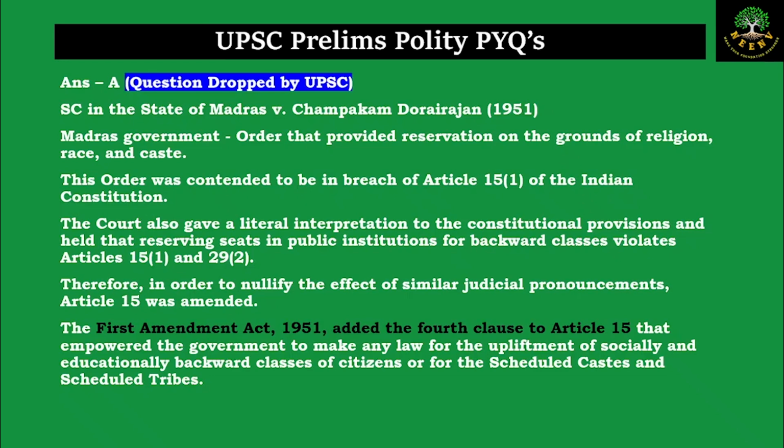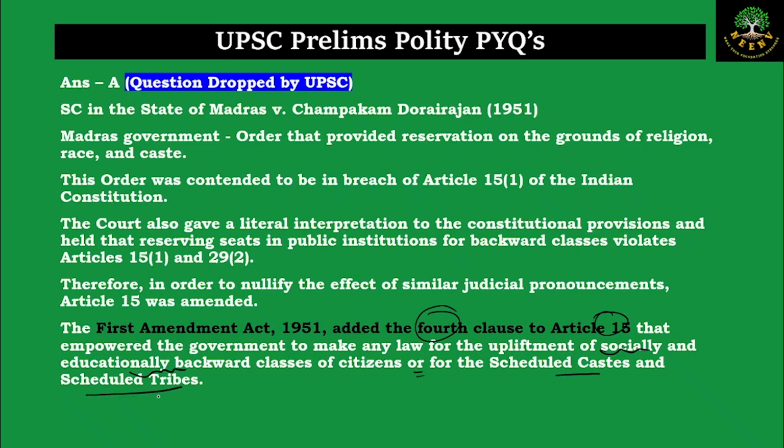So in order to nullify this literal interpretation of the Supreme Court, the government made the First Amendment Act to the Constitution. The very First Amendment Act in 1951 added clause 4 to Article 15, which said that the government is now empowered to make any law for the upliftment of the socially and educationally backward classes of citizens, or for the Scheduled Castes and Scheduled Tribes.